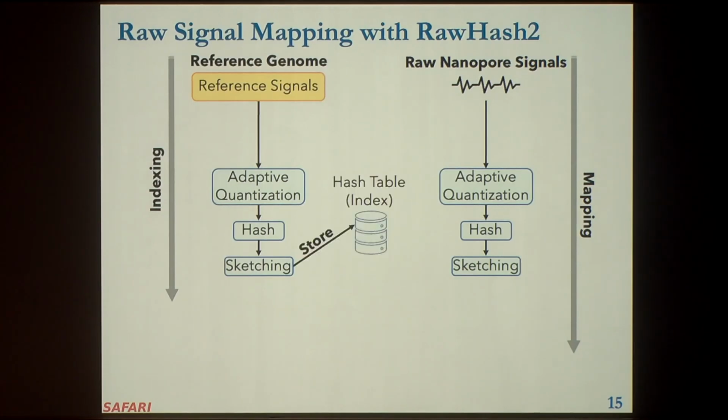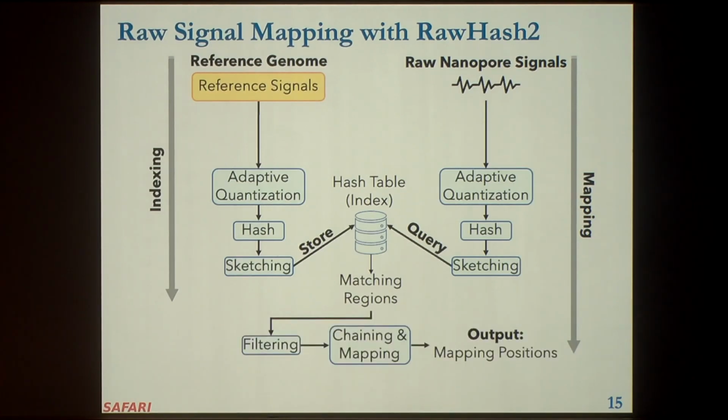We store the hash values generated from the reference genome in the index, and then query the hash values generated from raw signals so that we can find matching regions between the reference genome and the raw signals. This is followed by the regular filtering and chaining steps so that we can find the best mapping position for that particular raw signal. So this is basically how RowHash2 works.